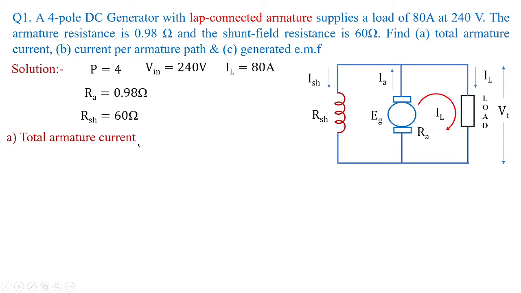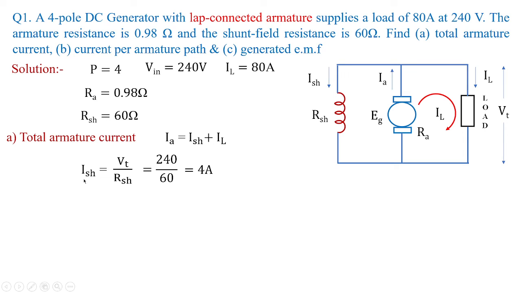Now, total armature current for a shunt machine is nothing but Ia equivalent to ISH plus IL, right? And what is ISH? ISH, as I told you, is nothing but terminal voltage divided by the resistance. So in fact, here the voltage is 240 and resistance is 60.